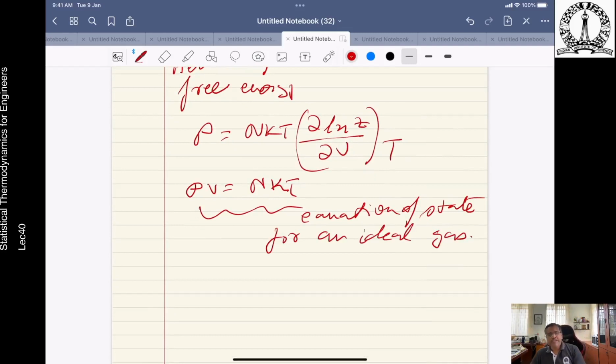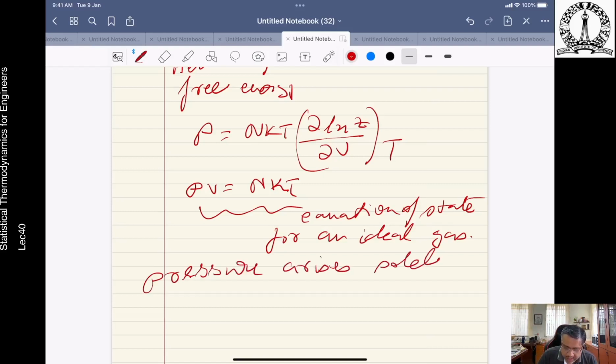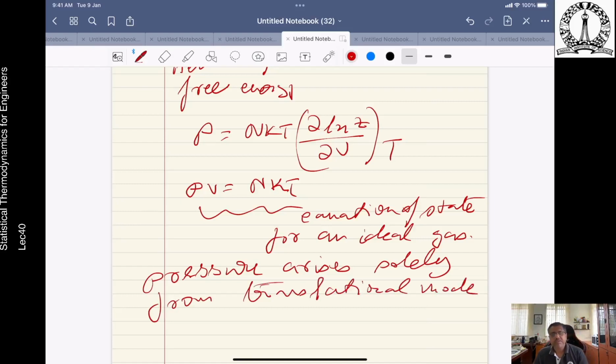Okay, so the obvious implication is that pressure arises solely from the translational mode. Okay, so as it is expected, because it's the momentum exchange at the walls by the independent gaseous particles.